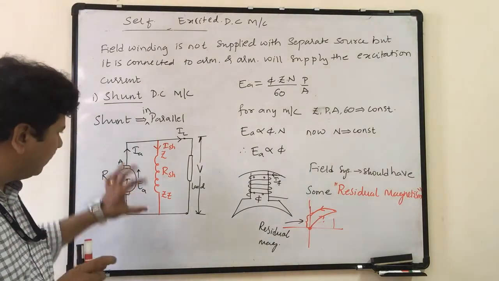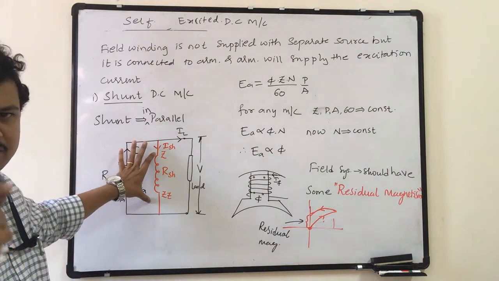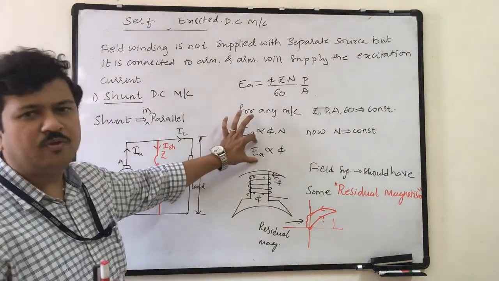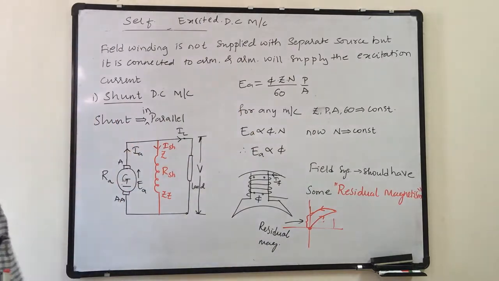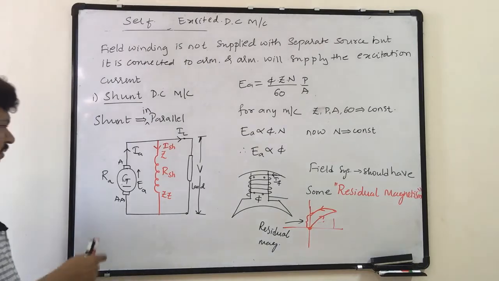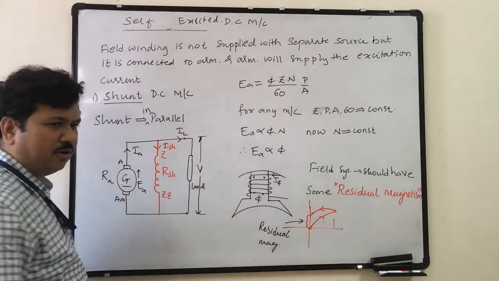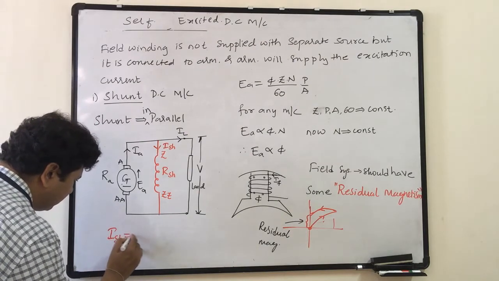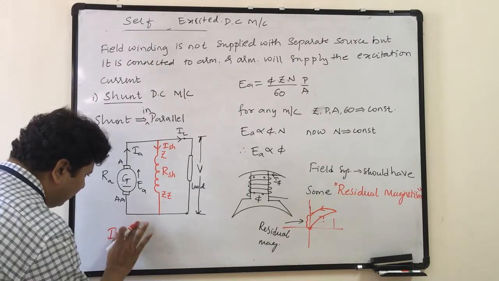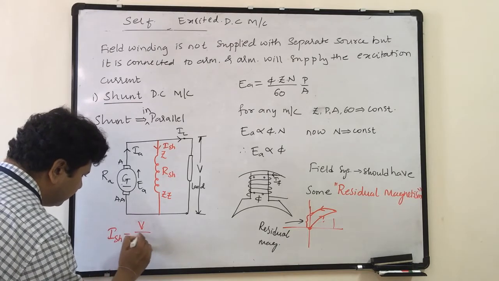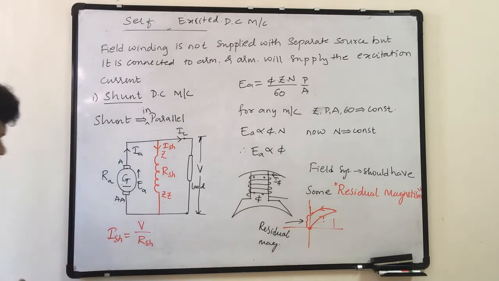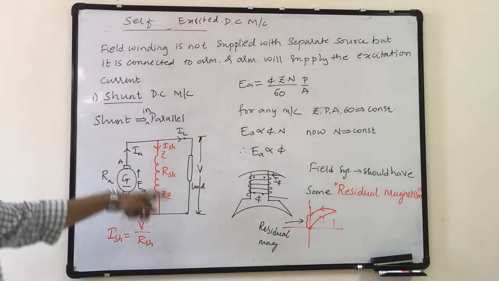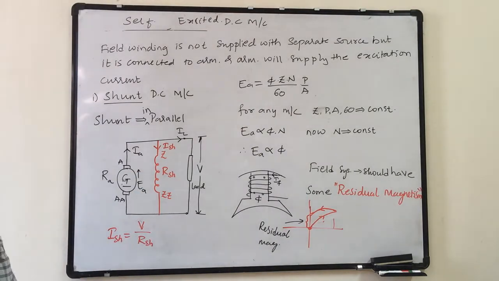And the moment the required amount of flux is produced by the field coil, the required voltage is generated across the armature, and this will remain constant thereafter, because the maximum current carried by this field coil will be ISH equals V divided by RSH. This field coil will not carry current beyond this value, because it is characterized by the shunt field resistance.